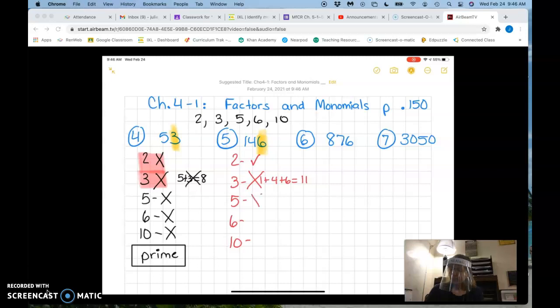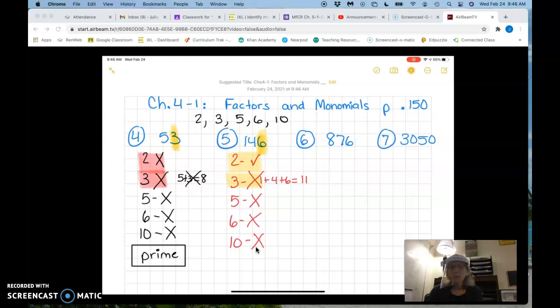No. For 6, is it divisible by 2 and 3? Just look back at the 2 and 3 that we already did. Is it divisible by 2 and 3? No, it's only divisible by 2. It has to be divisible by both to be divisible by 6. And 10, does it end in a 0?